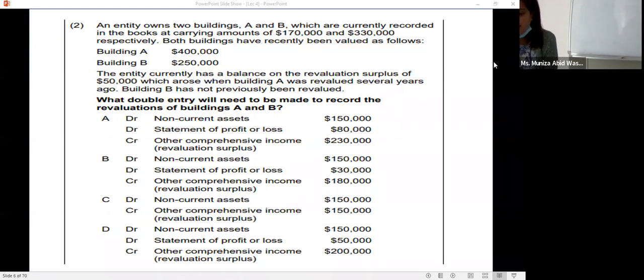For one building there is a revaluation gain, for the other building there is an impairment. The entity currently has a balance on the revaluation surplus of 50,000, which arose when building A was revalued several years ago. Building B has not previously been revalued. Students, what are we going to do? What double entry will need to be made to record the revaluations of buildings A and B? Tell me.